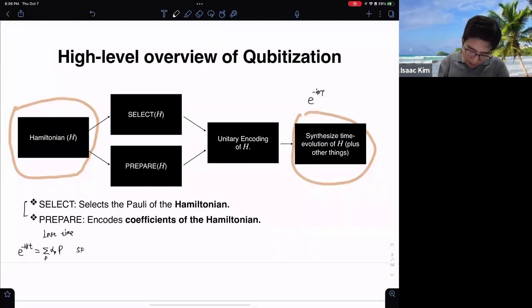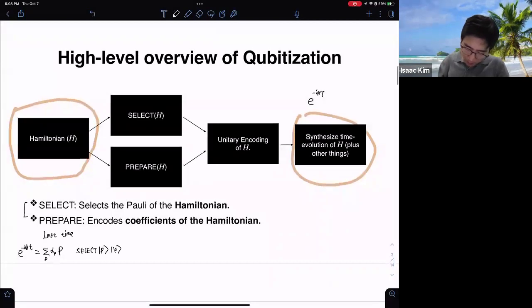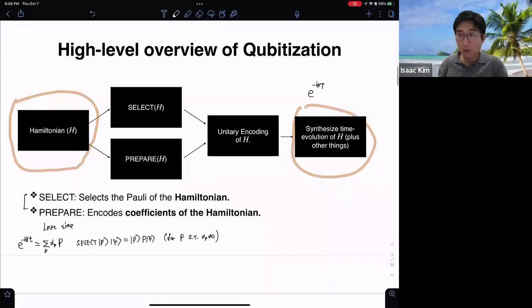From this, select performed the following operation for p such that alpha p is not 0. If alpha p is 0, then you simply don't care about those operators.